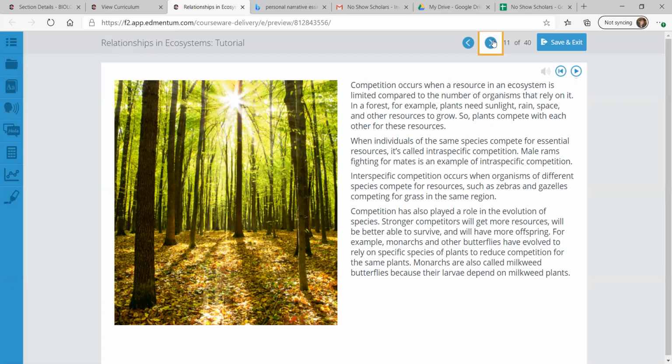Competition has also played a role in the evolution of species. Stronger competitors will get more resources and are better fit to survive. And they will likely have more offspring compared to those that are not competing as well. For example, monarchs and other butterflies have evolved to rely on specific species of plants to reduce competition for the same plants.